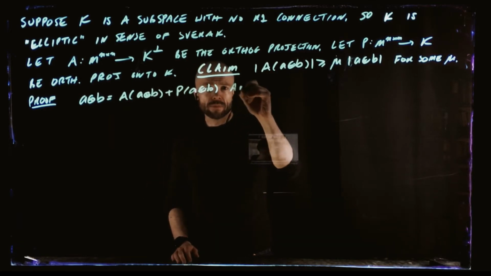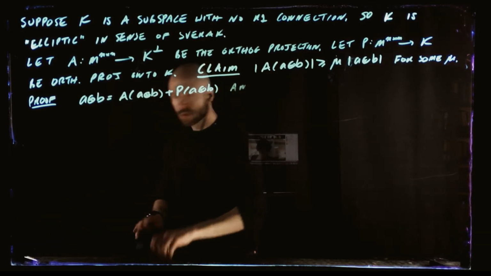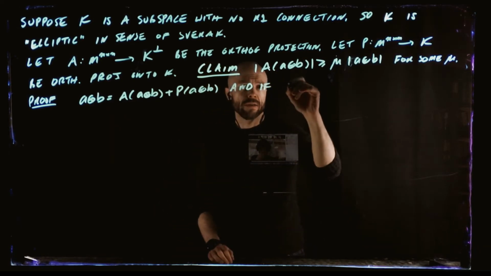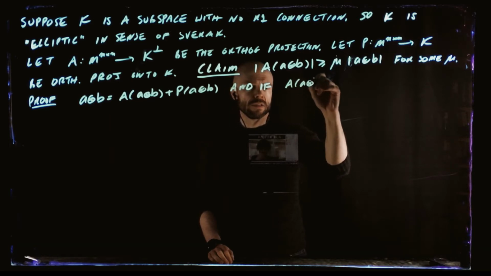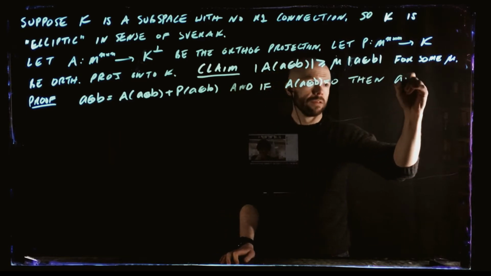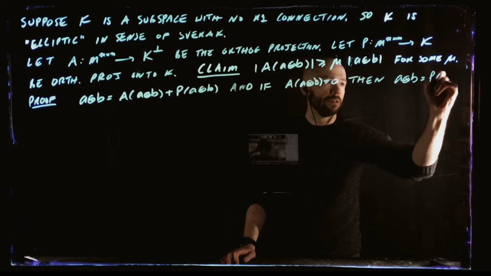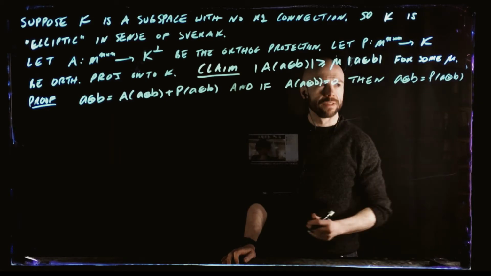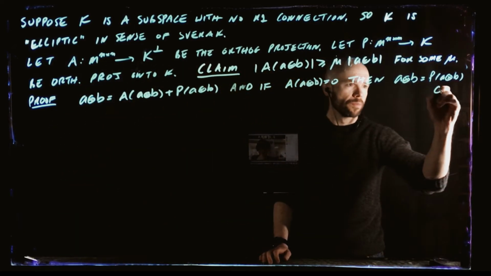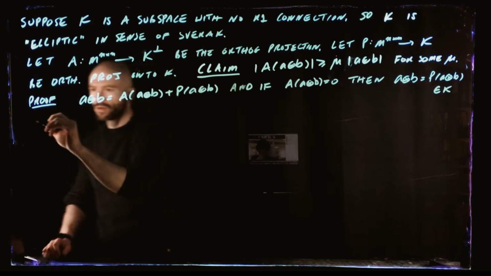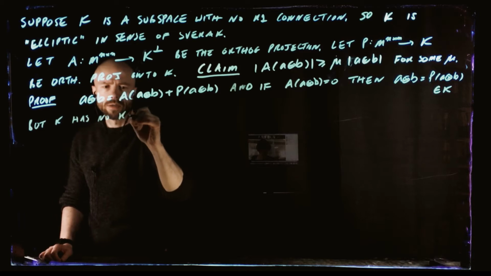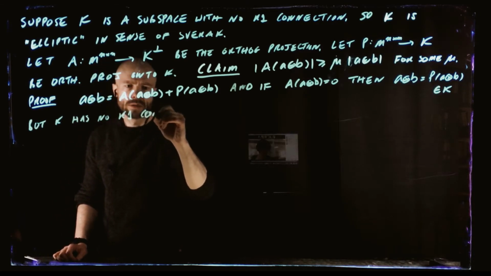And if this thing was equal to 0, then we would just have that this guy is its projection onto K itself, so it belongs to K. But K has no rank-1 connections.